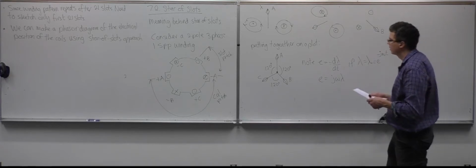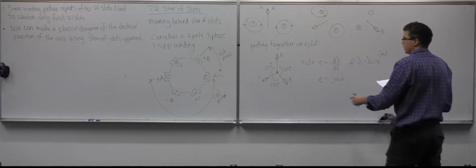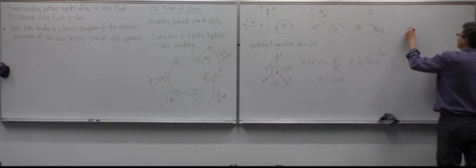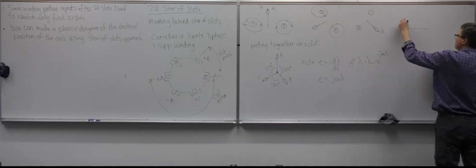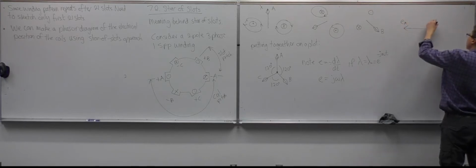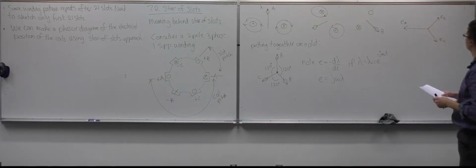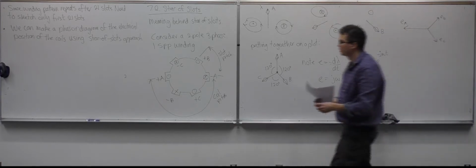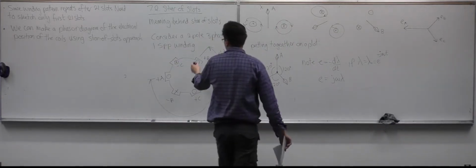So then looking at this flux here, we shift this by 90 degrees for each of them, and then we'll have EA, EB, EC. Right? Now if we go back and look at our winding here, we have EB here.